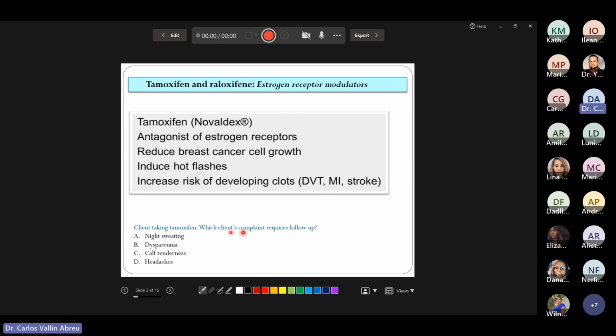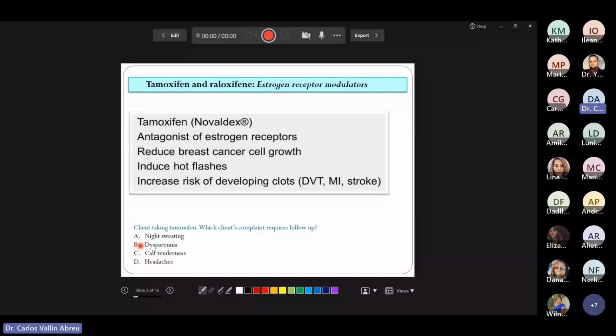For that reason, in a question like this, client taking tamoxifen, which client complaint requires follow-up, you go to the serious one. Dyspareunia, that is having discomfort during sex, night sweats, and headaches are not the most important, but calf tenderness is, and that's why the answer to this question is C, as an example of a question related to tamoxifen.